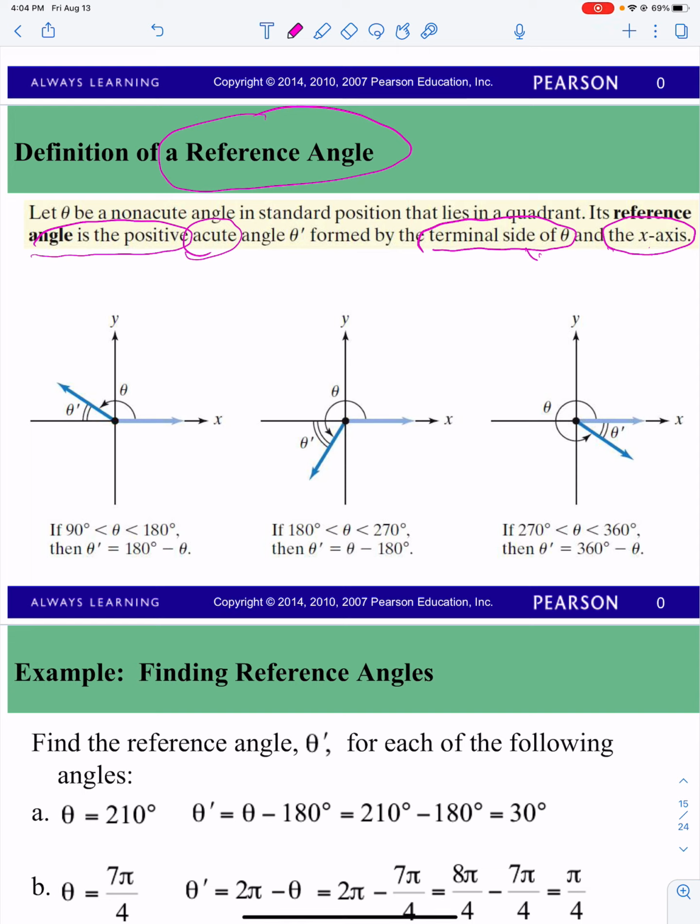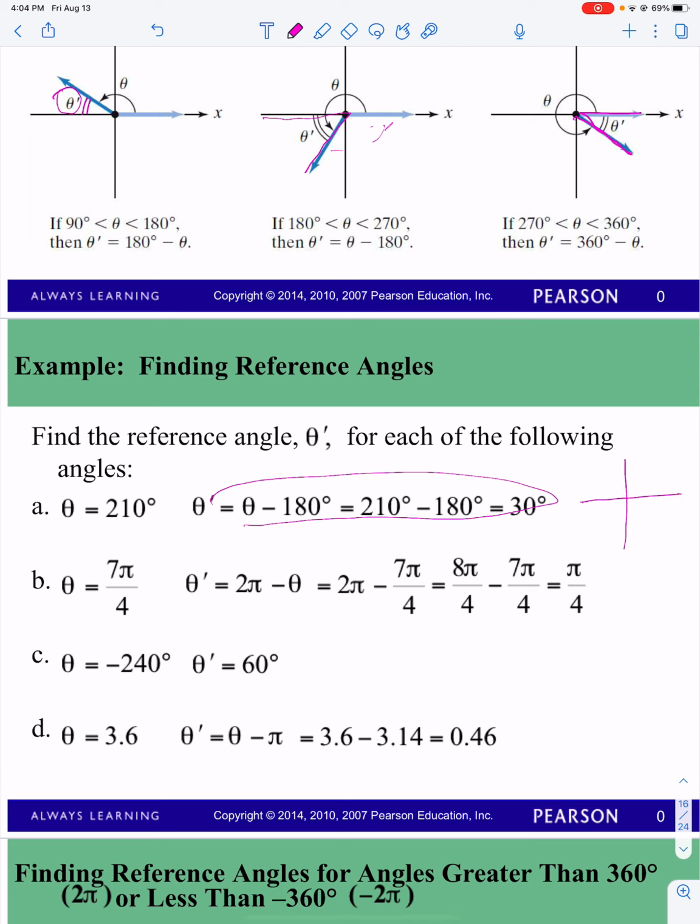Okay, theta, find the reference angle. Theta equal to 210 degrees. How could you do this, before you know these things? What will you do? I would recommend you draw the picture.